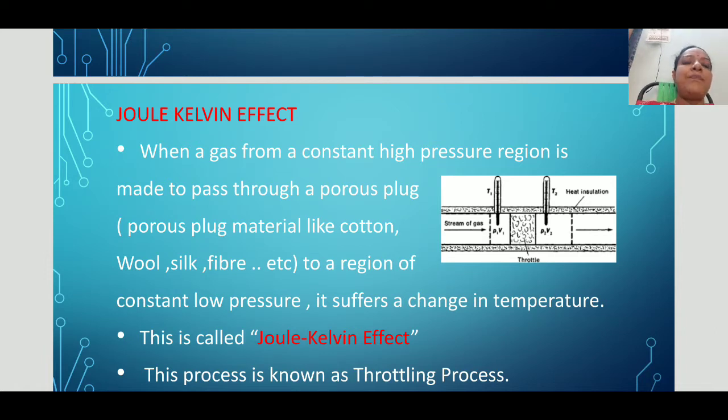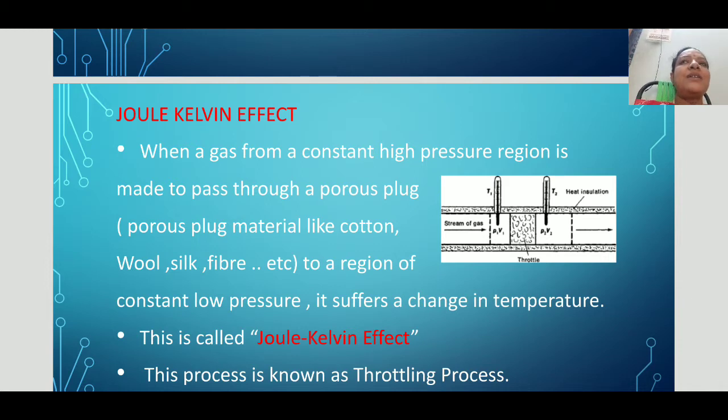So, firstly, let us try to understand the concept of Joule Kelvin effect. What is Joule Kelvin effect? Here see, when a gas is subjected to pass through a porous plug.